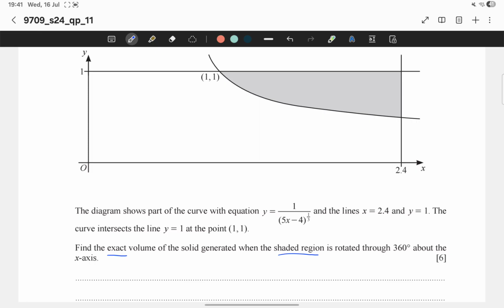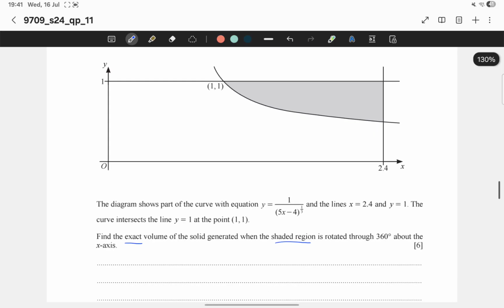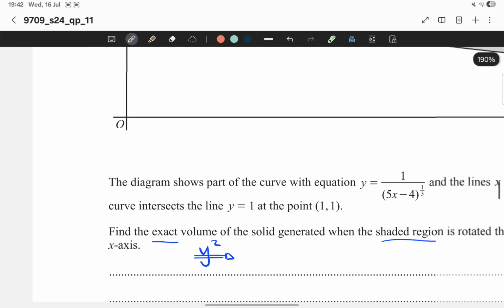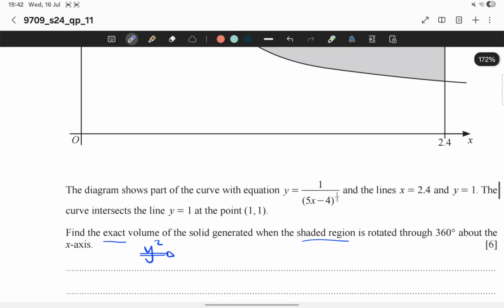So we need to understand something about volume. Whenever we're dealing with volume, we're dealing with terms in y squared or x squared. Whenever they say the shaded region is being rotated through 360 degrees about the x-axis, it means we're going to integrate terms in y squared.